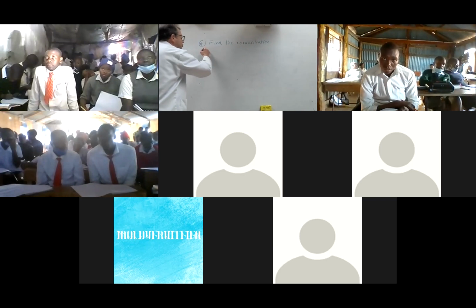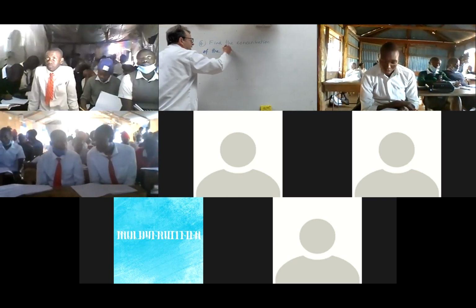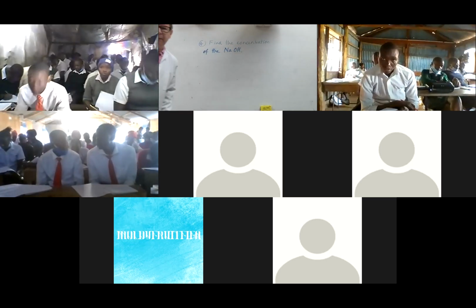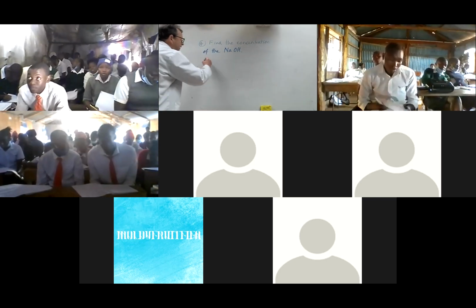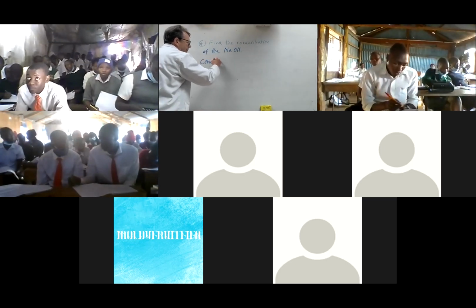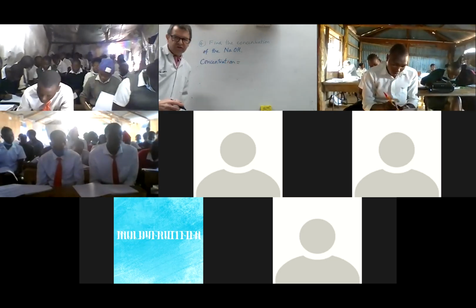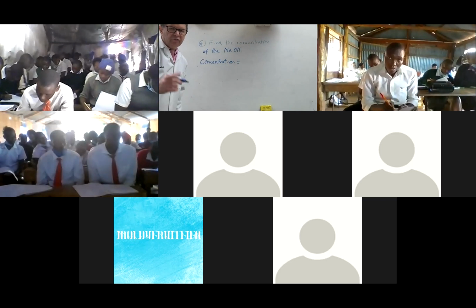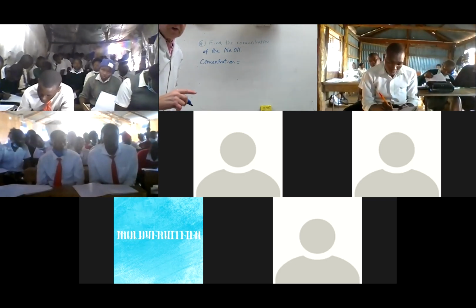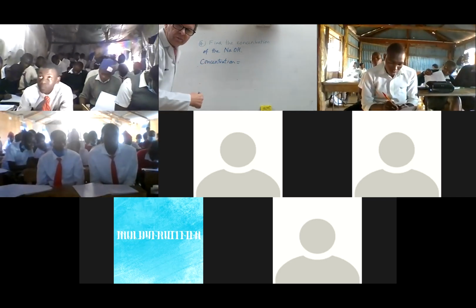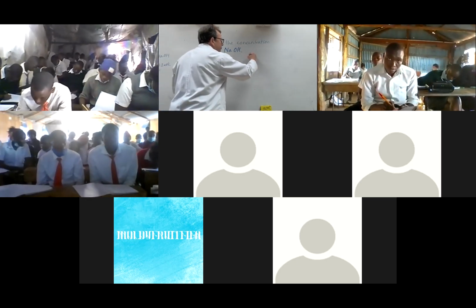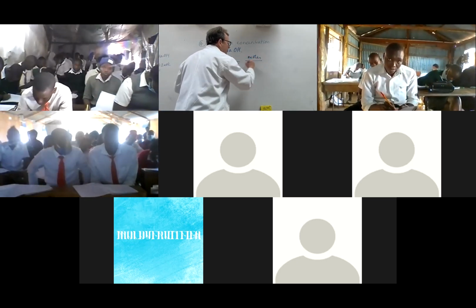So find the concentration of the NaOH. Hi, Kamal. So concentration equals, from the triangle, concentration at the bottom on the left equals moles over volume over 1,000.